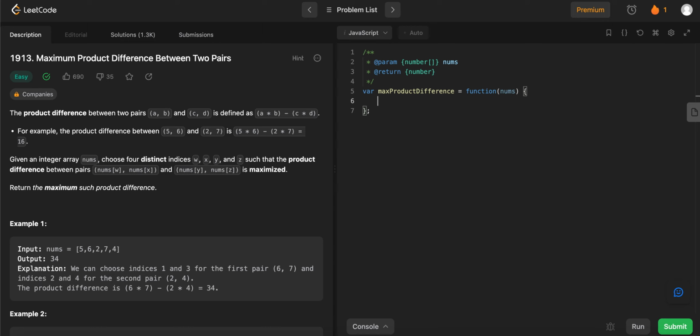So to do that, we'll start by sorting the array. So we'll do nums.sort a, b, a minus b. So that's going to sort that from smallest to largest.